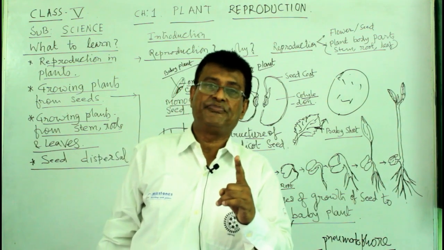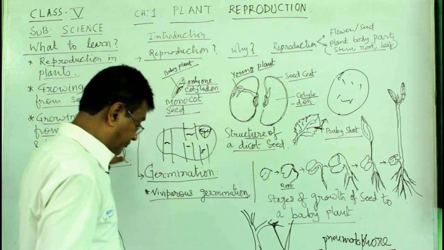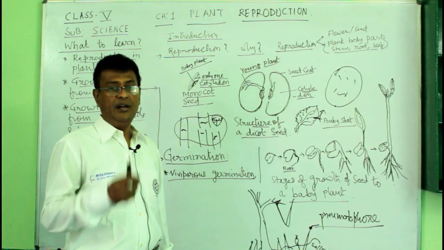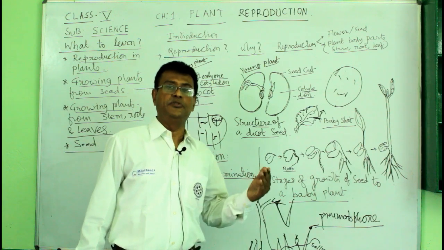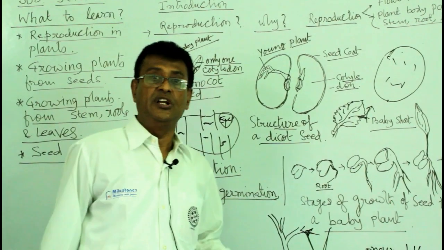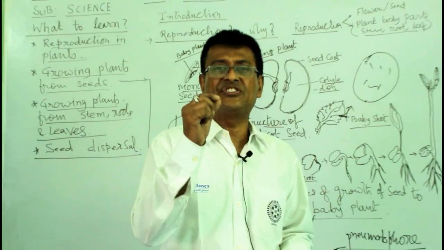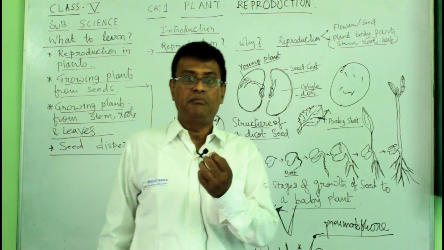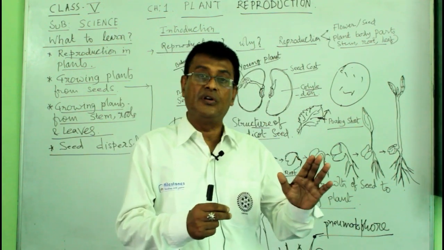The first topic is the dispersal of seeds. Well, I told you the seed dispersion requires some agents. The first agent is the wind. Some plants have very fine seeds, like maize, and their seeds are very fine and can float.